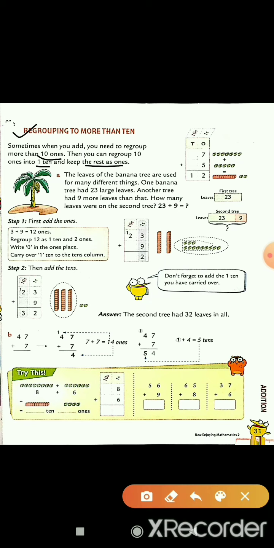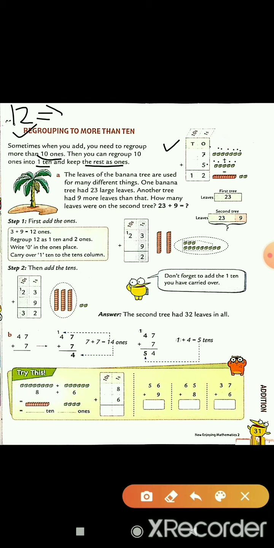Let us understand this through an example. Add 7 and 5, that is 7 plus 5. At the place of ones, 7 and 5 are there. Count them together: 1, 2, 3, 4, 5, 6, 7, 8, 9, 10, 11, 12. What we got? We got 12.